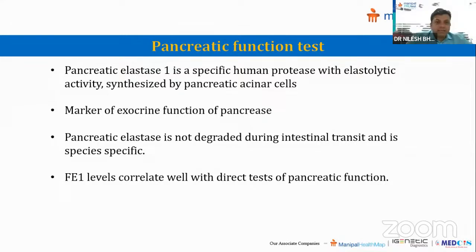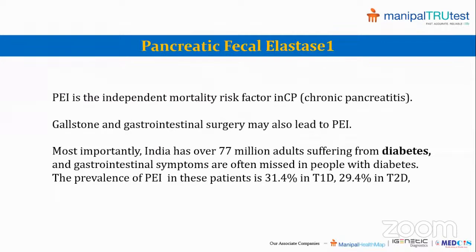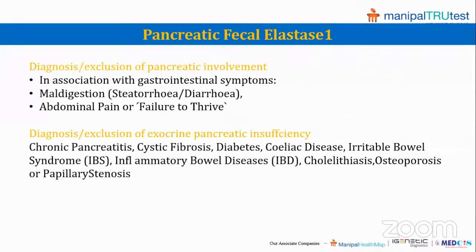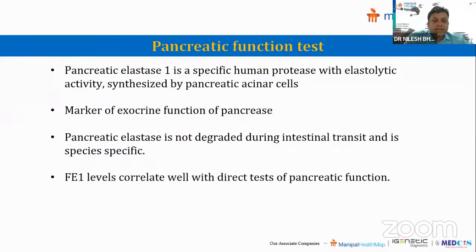So pancreatic elastase 1 is basically a human protease with elastic activity, synthesized by the pancreatic acinar cells. It is a marker of the exocrine function of the pancreas.